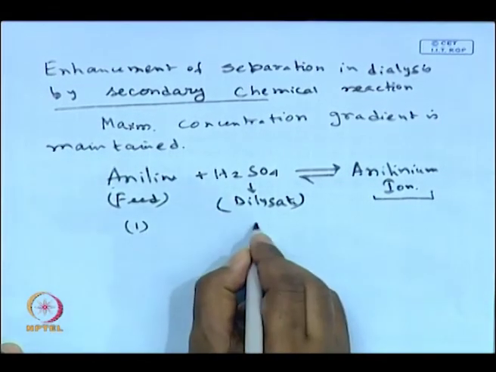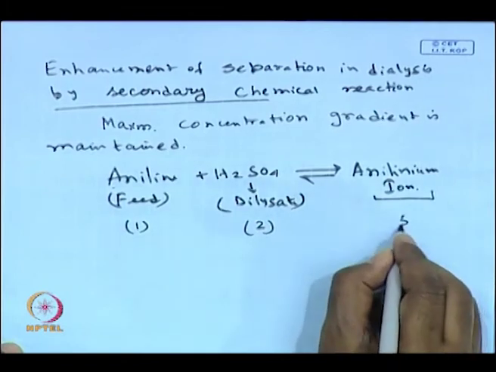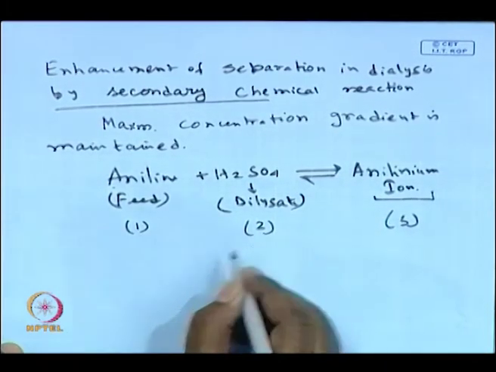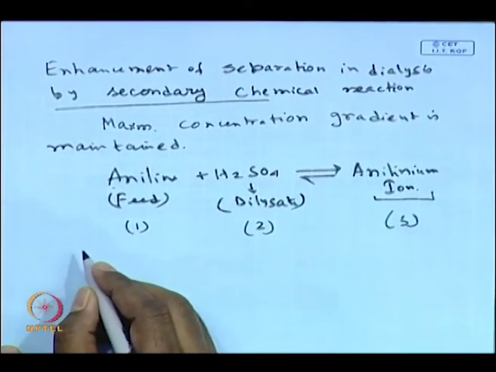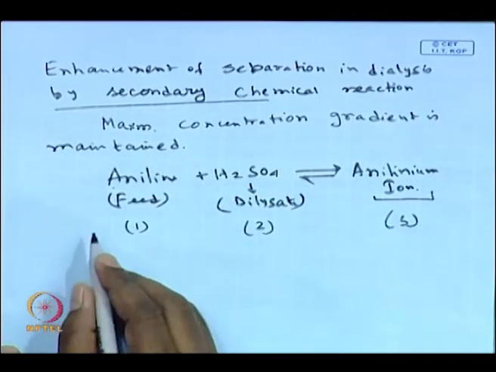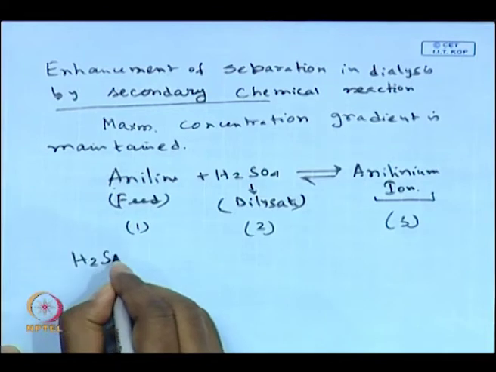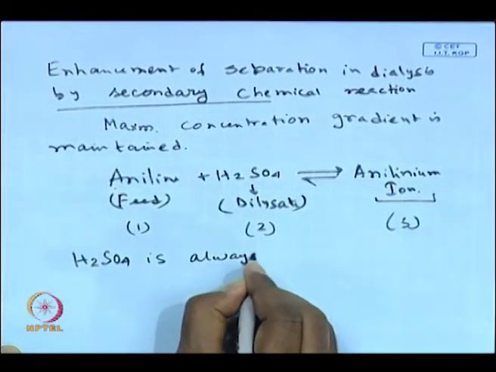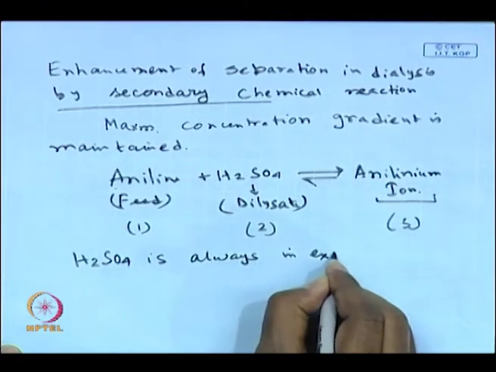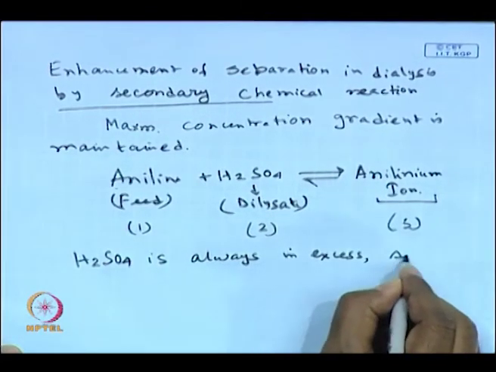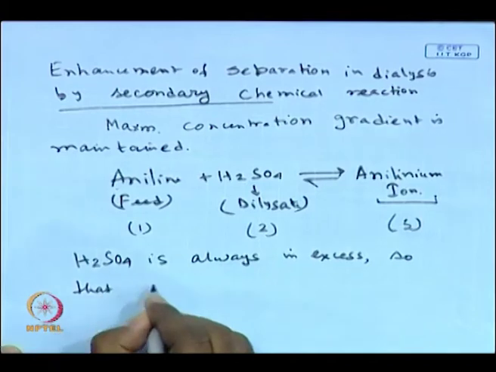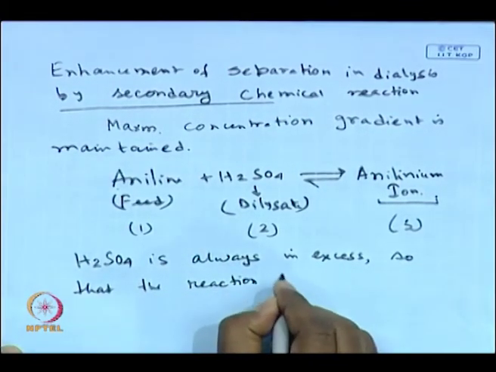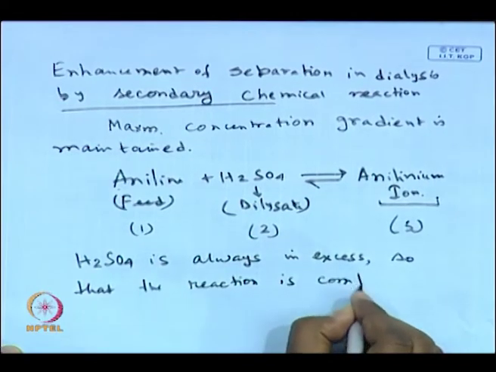Call this component 1, this component 2, this component 3, and component 2, that means H2SO4, is always in excess so that the reaction is always complete.